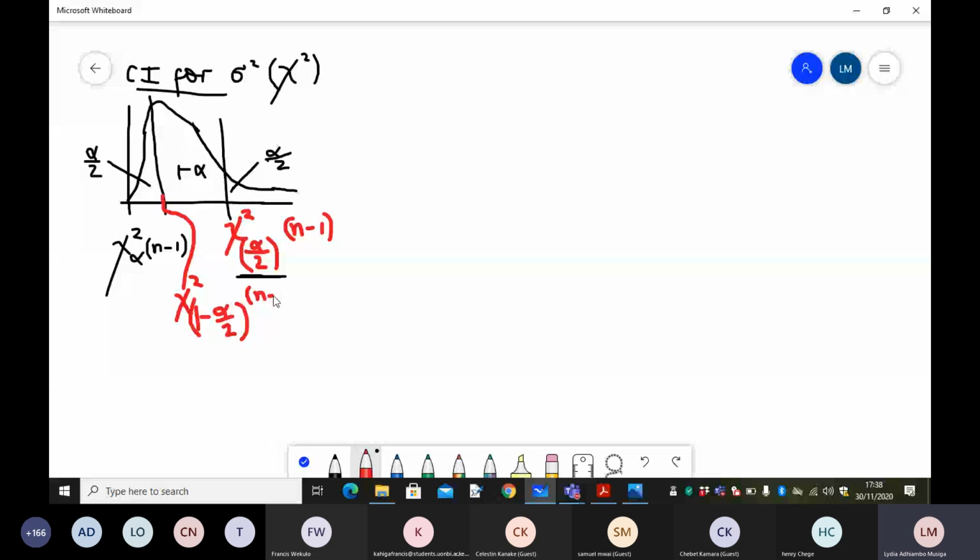Again, what I want you to note is this value in the bracket, 1 minus alpha over 2.